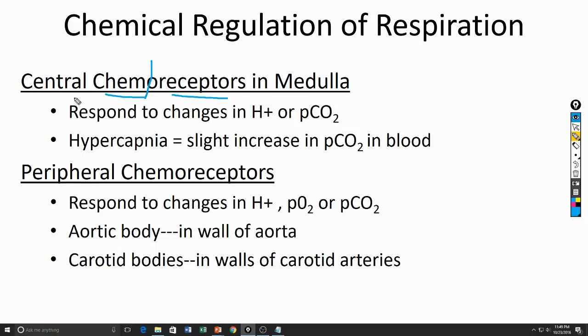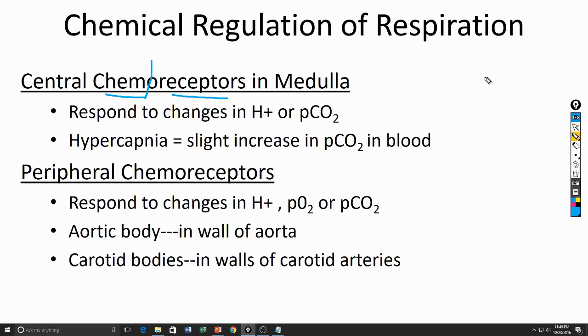Central are having to do with the central nervous system, so it's in the medulla. When chemicals such as hydrogen or carbon dioxide become elevated, then you have a change in your breathing pattern. The stimulation is to cause more breathing.